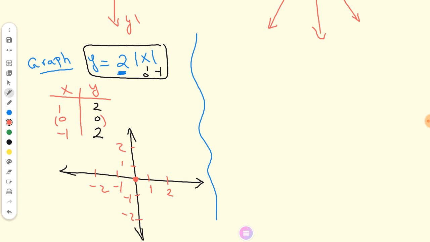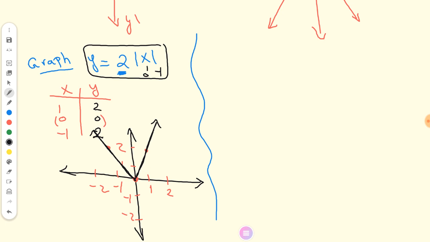Then 1 and 2: 1 to the right, 2 up. The third one will be opposite to this point: -1 and 2, left -1, then 2 up. After that, I will connect the points. Look, that is the V.